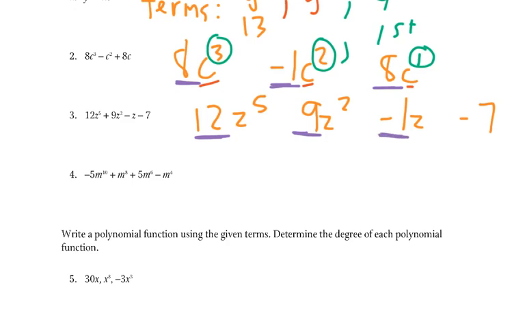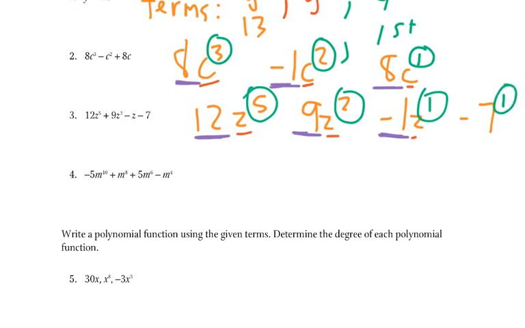Though technically, we could call this z to the 0, if we really wanted to get crazy, because remember, anything to the 0 is 1. But we typically don't try to make too much work for ourselves, so we'll just leave it as the constant. Variable is z on all three of those. And then their powers, 5, 2, and 1. And if we really wanted to, we could say 1 on that one as well.